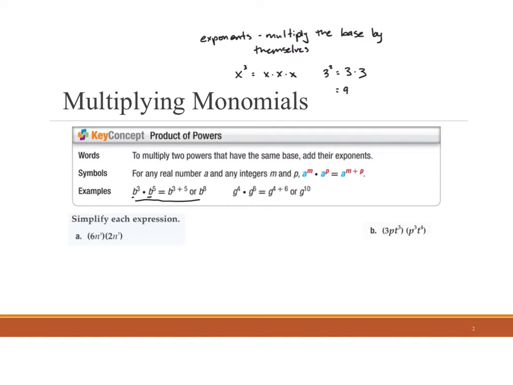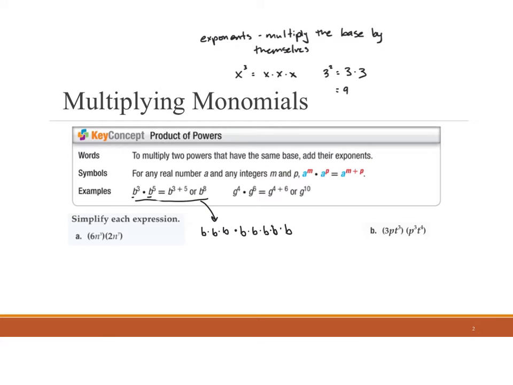To take this example, if I have b cubed, that means I have 3 b's, 1, 2, 3, times b to the 5th power, so I have 5 b's, 1, 2, 3, 4, 5. Then you can just count them all up, and you have 1, 2, 3, 4, 5, 6, 7, 8 b's total. That's where b to the 8 comes from.